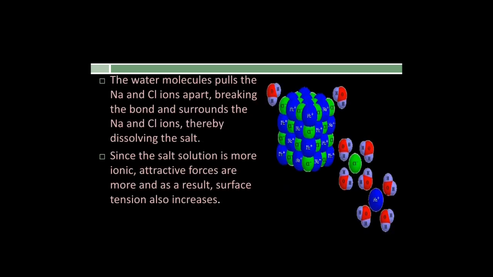The water molecules pull the Na and Cl ions apart, breaking the ionic bond in the NaCl, and surround the Na and Cl ions, thereby dissolving the salt. Since the salt solution is more ionic, the attractive forces are more, and as a result the surface tension of the salt water will also be more.